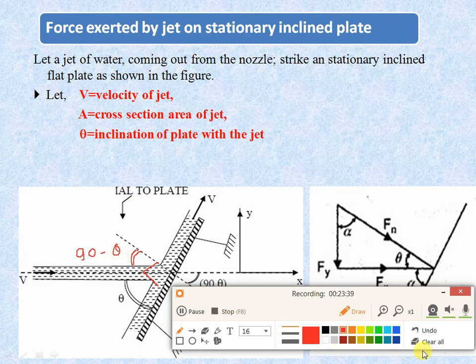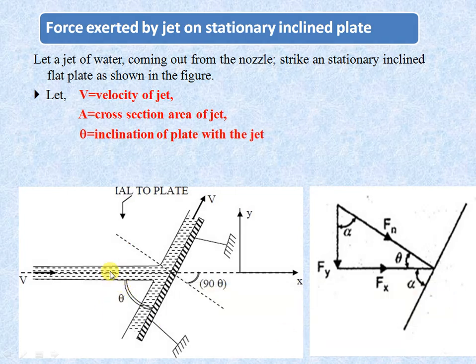If this angle is directly given, meaning the jet makes an angle with the normal, then directly you can consider this theta angle. But in this type, the jet-with-plate angle is given, so we have to consider this theta angle.